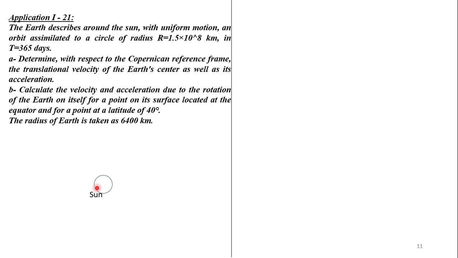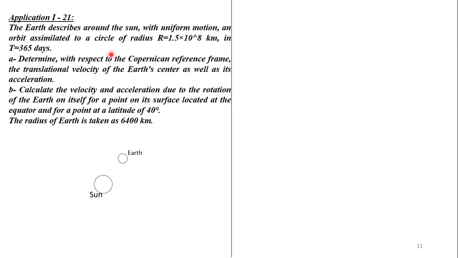In this exercise, we are considering the Copernican reference frame where the Sun is considered as the center of the solar system and the Earth describes a circle around the Sun.